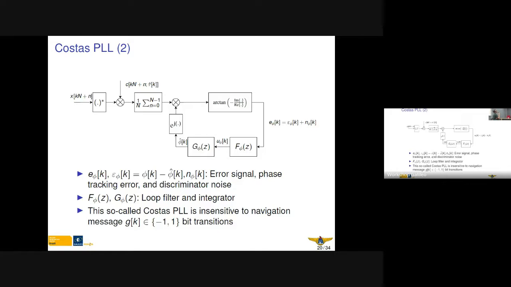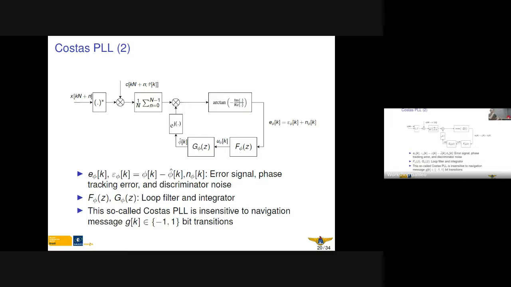And then we multiply this prompt correlator output with the current phase estimate in an exponential function and pass that into the arctangent, and we have a minus here. This is maybe disturbing some of you because you know from the literature the minus is not there, but this is it. The minus has to be implemented because we are working in this class with the conjugate of x.